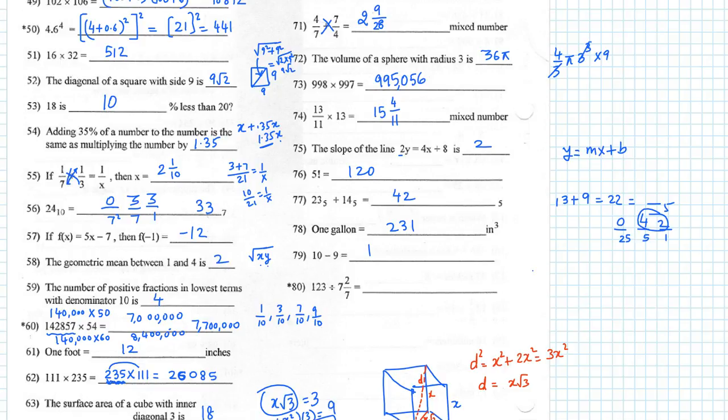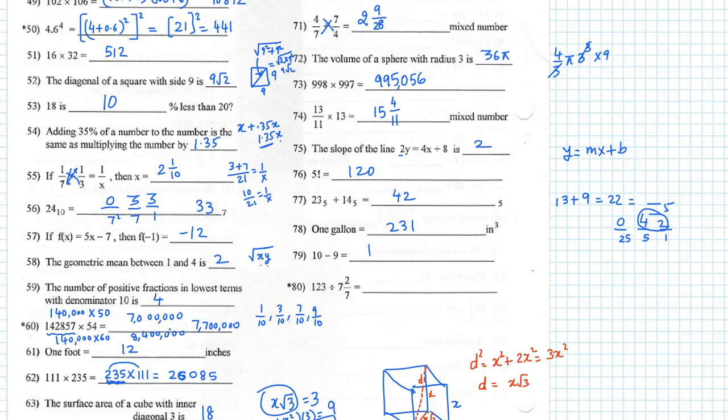Question 80. What is the approximate value of 123 divided by 7 to the 7th? One way to approximate this is to think of 123 as 125 and 7 to the 7th as 7.5. So 125 divided by 7.5, which is nothing but 1250 divided by 75.